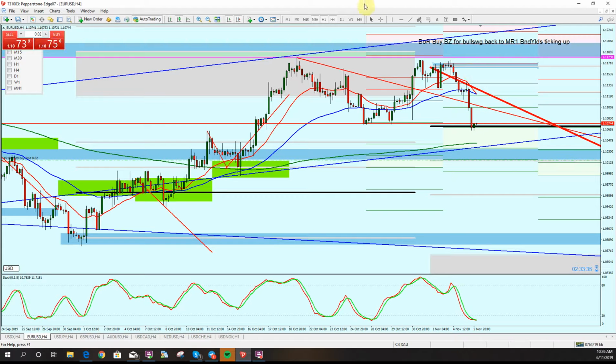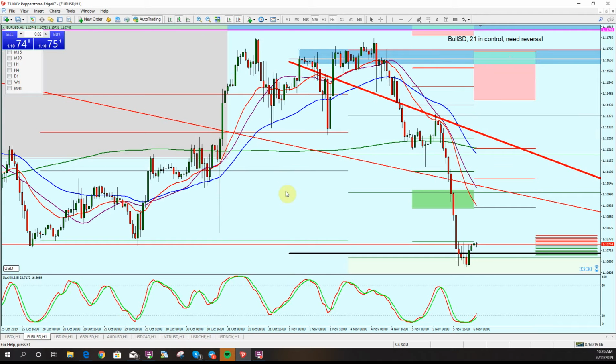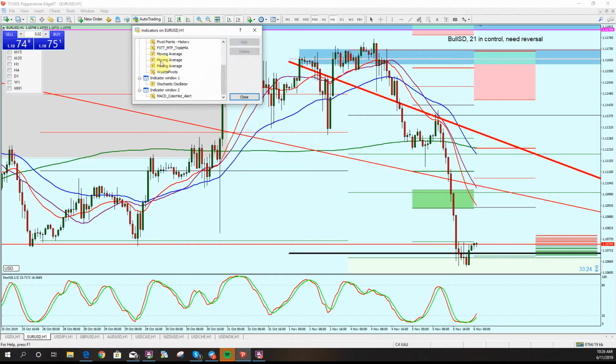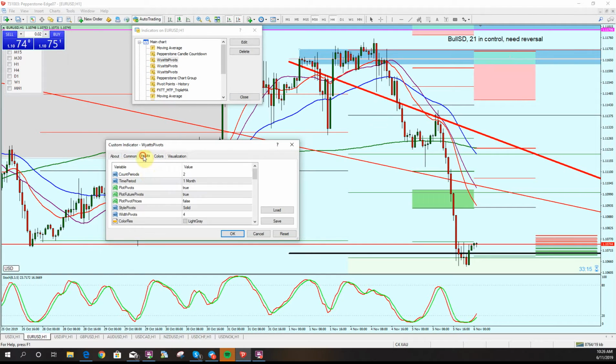So that's that zone. I'll just go quickly to a daily. I know it's messy. Let me go here. I just want to have a look at, and I'm kind of waffling on here, common inputs.